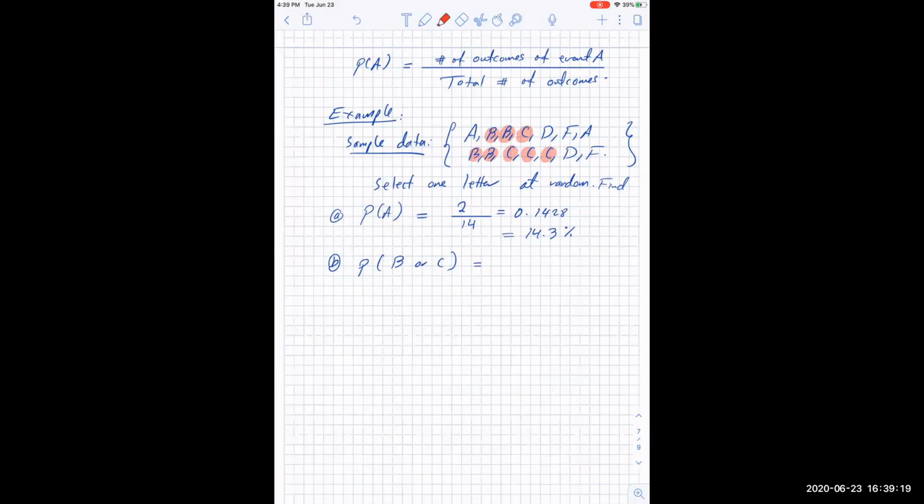So I will say 7 out of 14, which is exactly 50%. So when you see the word or, you're going to add.